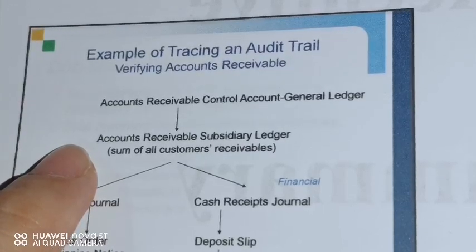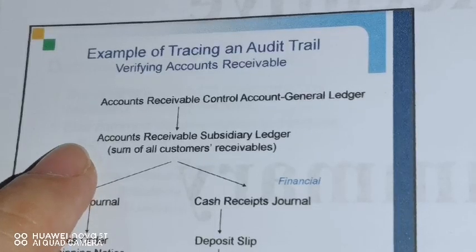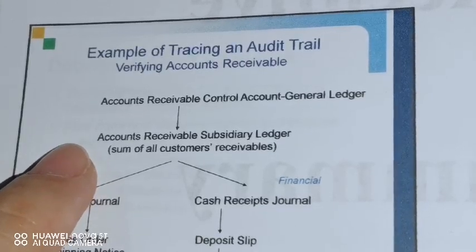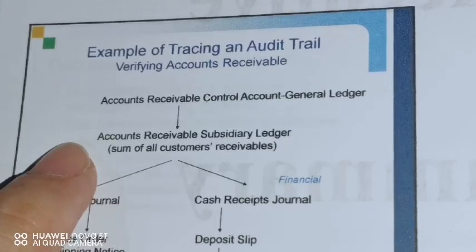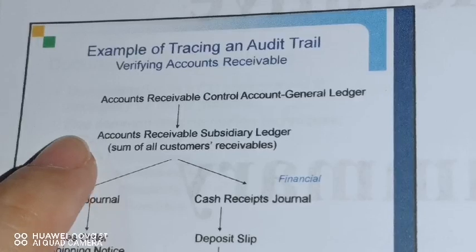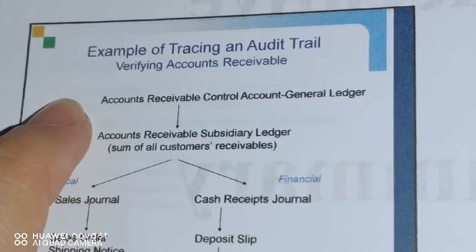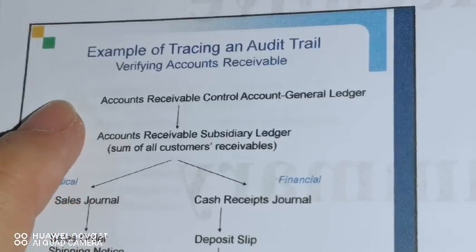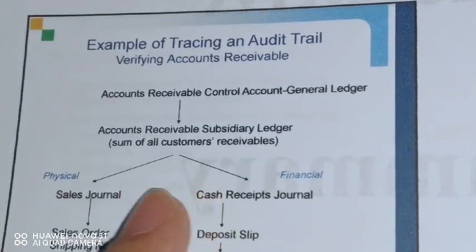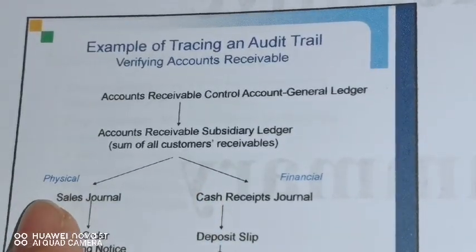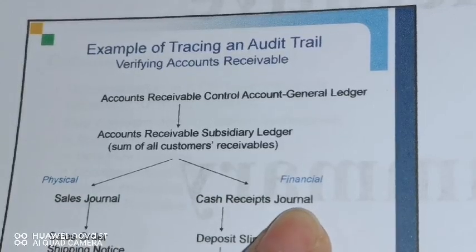Like I said kanina, kunwari 10 yung customer mo, so you will sum up all the accounts receivable of those 10 customers, and it should be matched with the total amount of the accounts receivable control account. And then here, it is divided into two, the physical and then the financial aspect.